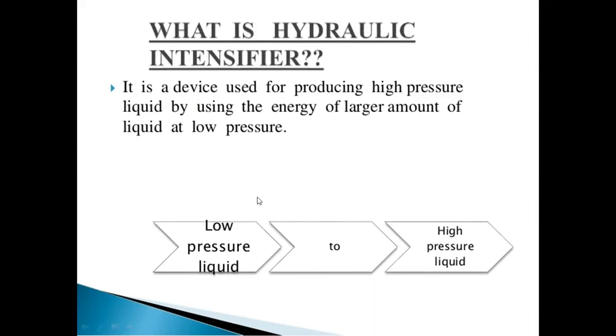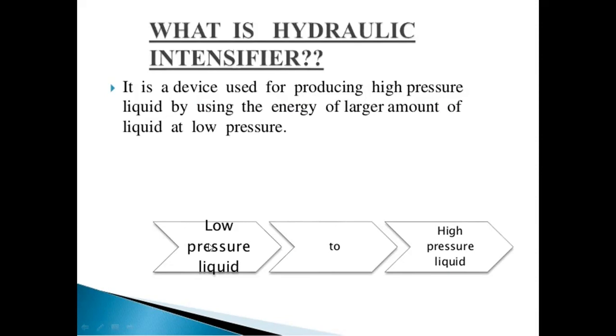It is a device used for producing high pressure liquid by using the energy of a larger amount of liquid at low pressure. That is, the device which converts a larger amount of liquid available at low pressure into high pressure liquid is known as a hydraulic intensifier.